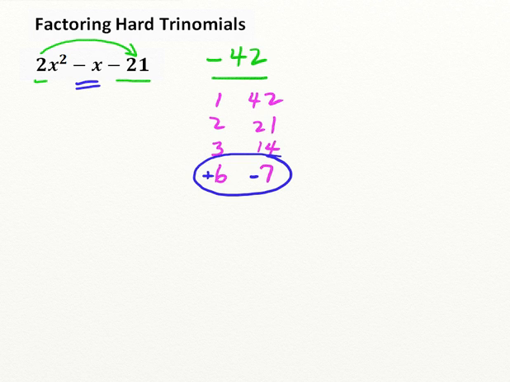Okay, so now that I've chosen the factors that are going to work, what's my next step? Well, I'm going to take that middle term, so I'll write the 2x squared, but this negative 1x, I'm going to replace and put the positive 6 and -7 in its place. Now, which do I write first and which second? Does it matter?